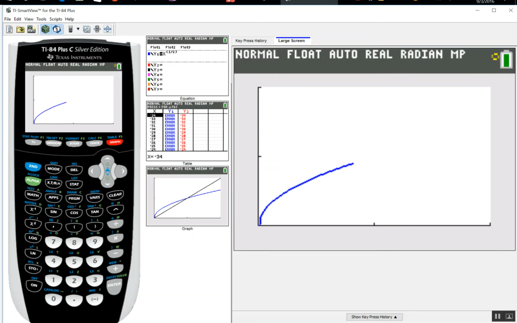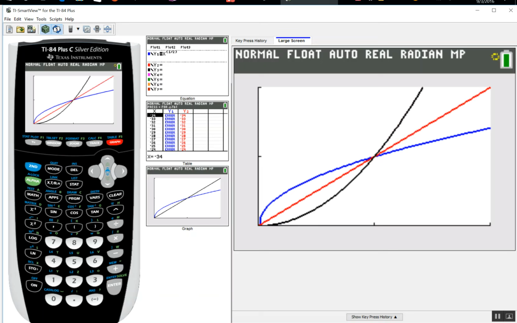So this is the square root of x, drawn in blue. Next we'll be drawing y equals x in red, and then in black is x squared. So notice on the interval 0 to 1, things with lower powers have larger y values, but all these points pass through (1, 1), and once we get past that, things with higher powers have higher y values.